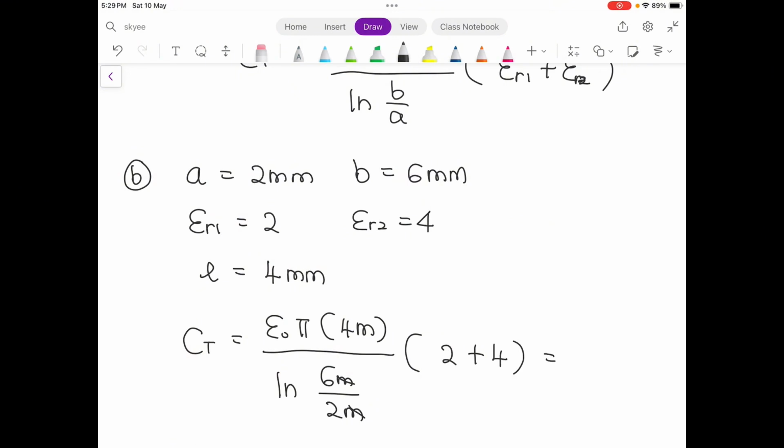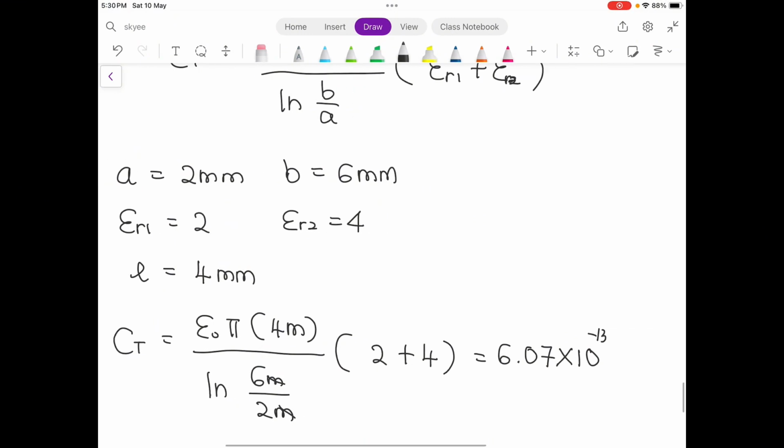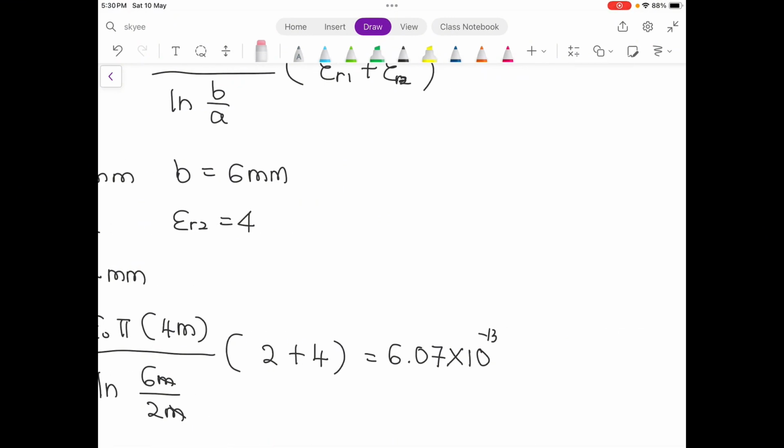So let's calculate the capacitance. It is 6.07 times 10 to the negative 13, or 0.8.